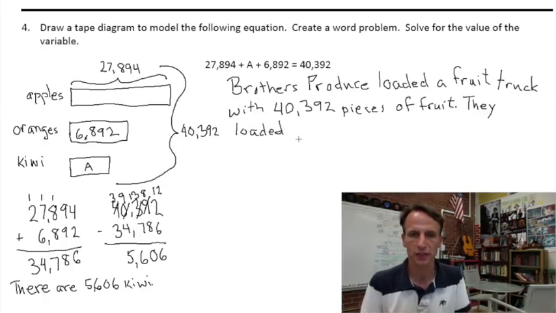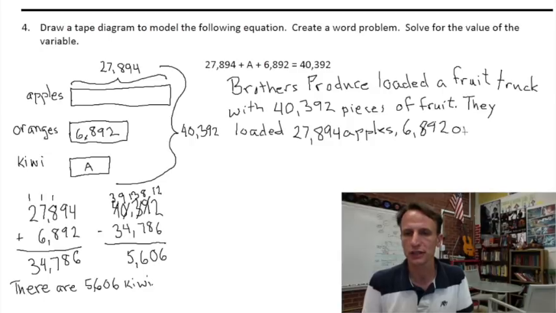Is that because we're given that? They loaded 27,894 apples. 6,892 oranges, and now when we get to kiwi, that's just going to be the rest, right? And the rest were kiwi.